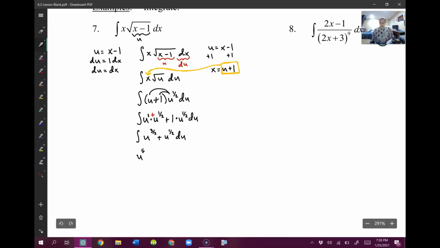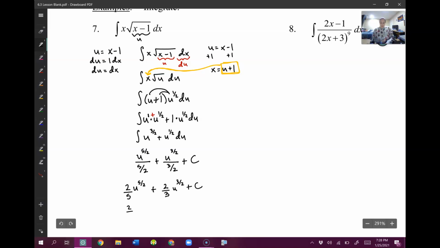So I add 1, so I should get u to the 5/2 over 5/2, plus, power rule, u to the 3/2 over 3/2, plus my constant of integration. I'm going to do my leave flip change on this. So this is going to turn into a 2/5 instead of a 5/2 because I flipped the denominator. And then this is going to be a 2/3 instead of a 3/2 because I flipped the denominator.